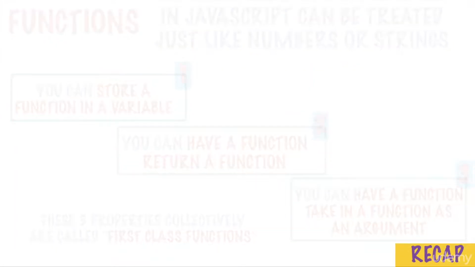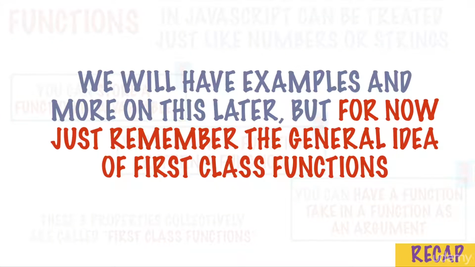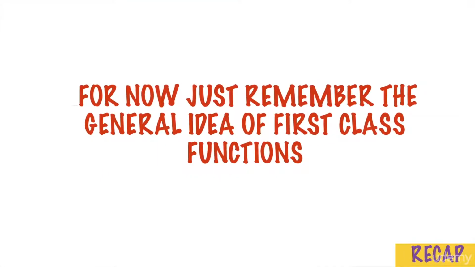We'd spoken earlier about working with more function examples and understanding passing functions as an argument or returning functions as a return type, and we'd asked you to just understand the general idea of first-class functions. The time has come. Now we'll be talking a lot more about how functions work as first-class citizens in JavaScript.